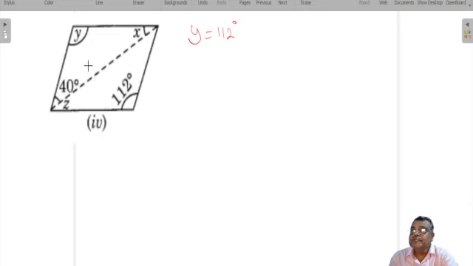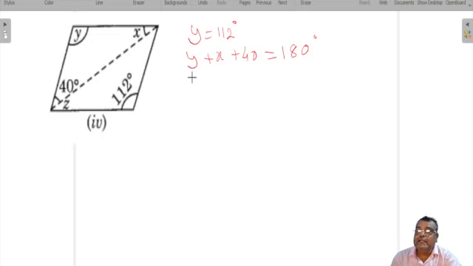Now you see Y plus X plus 40 is equal to 180 degree, because of the angle sum property of triangle. In this triangle, this Y, this 40, this X, the sum of these three angles is equal to 180 degree.